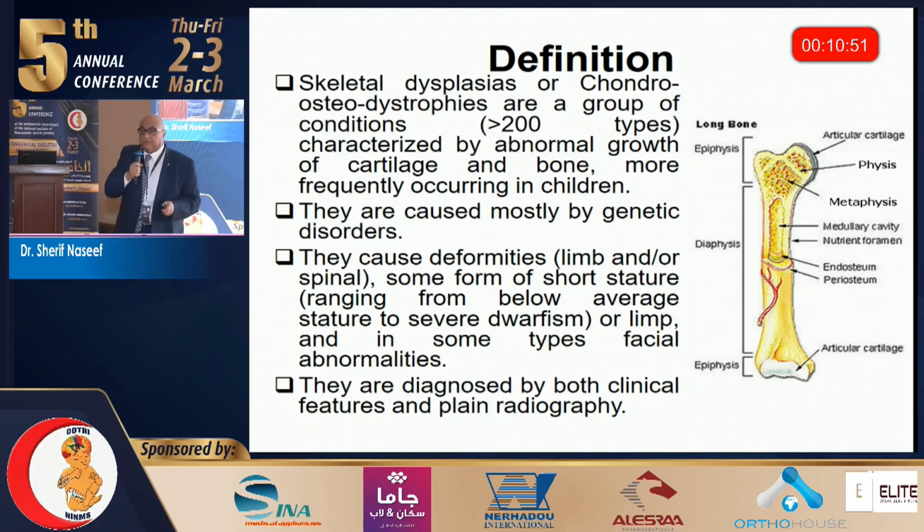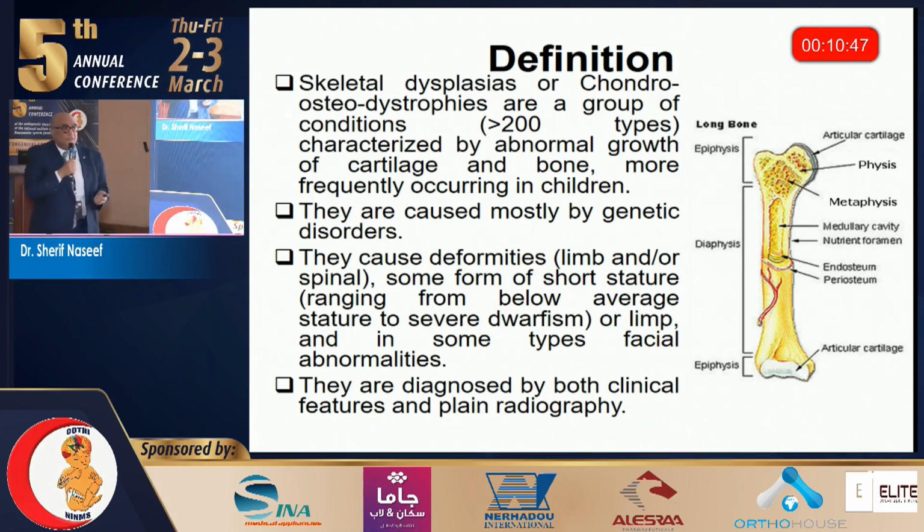These are the 4 types of dysplasia: physeal dysplasia, epiphyseal dysplasia, metaphyseal dysplasia, diaphyseal dysplasia, and finally mixed dysplasia, epiphyseal, metaphyseal, diaphyseal, and so on.